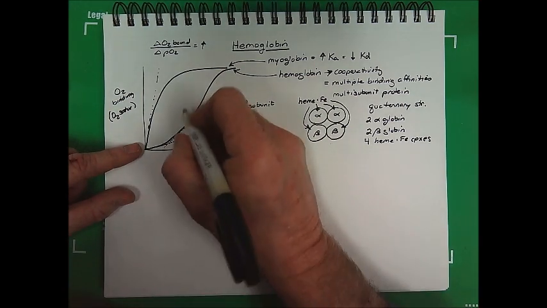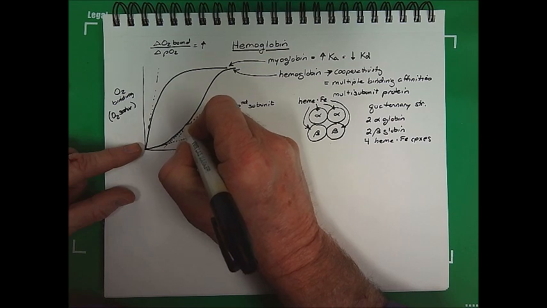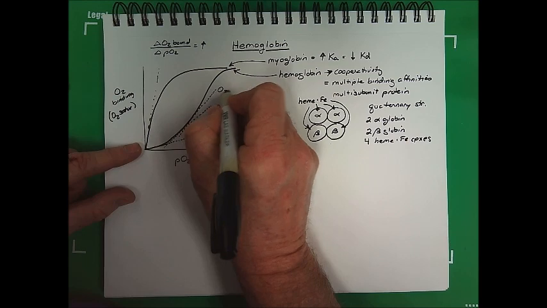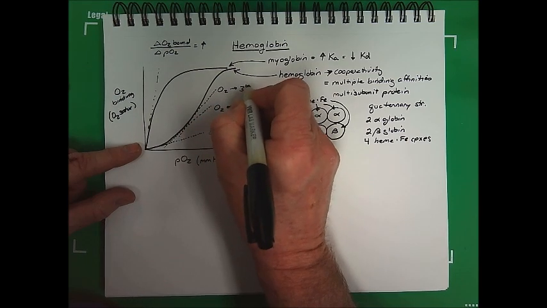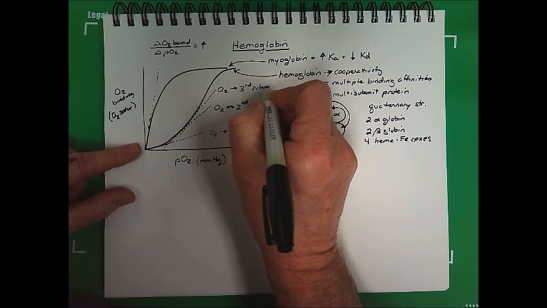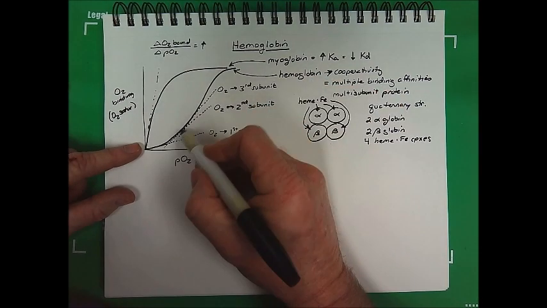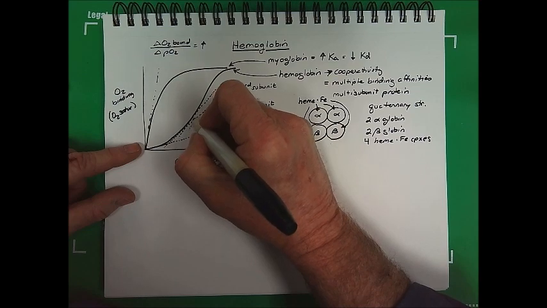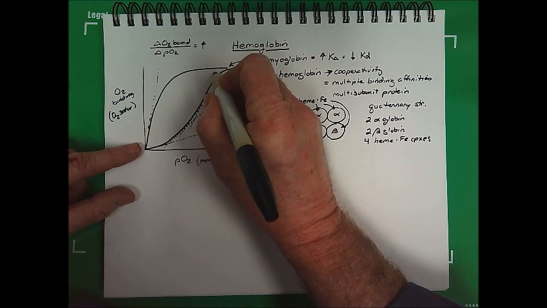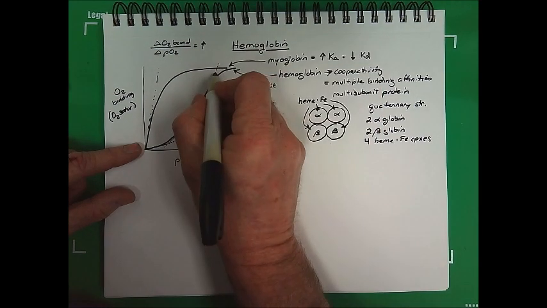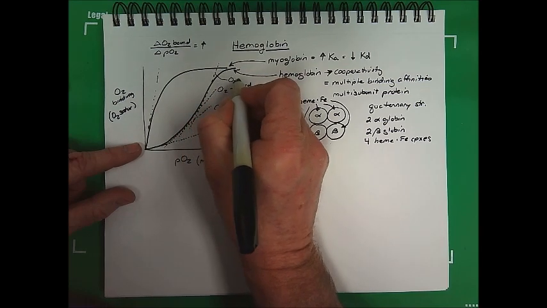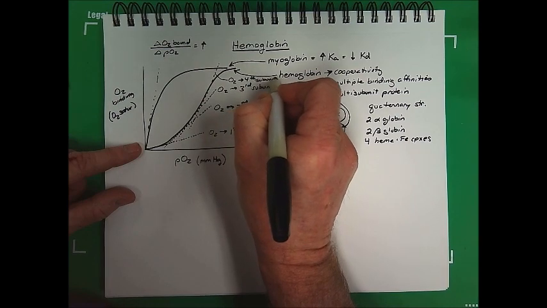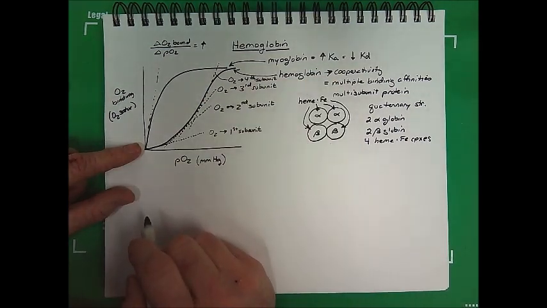At higher oxygen pressures, we would see the next slope, where the oxygen is binding to the third subunit at even higher affinities, higher slope. And then finally, if we look at our binding of oxygen to the fourth subunit, we see that it has even higher affinities.